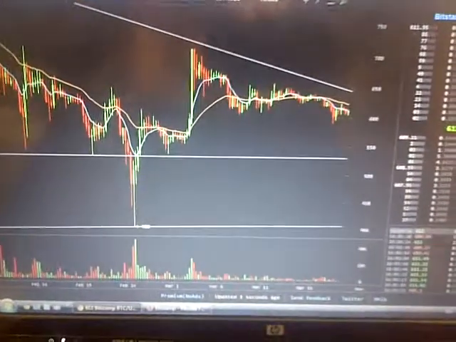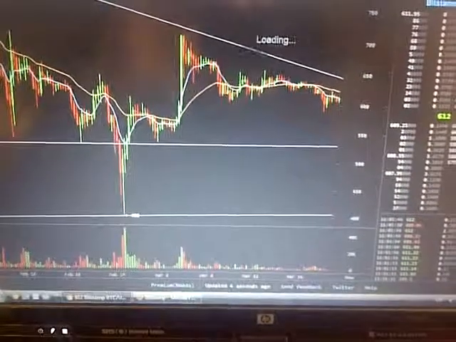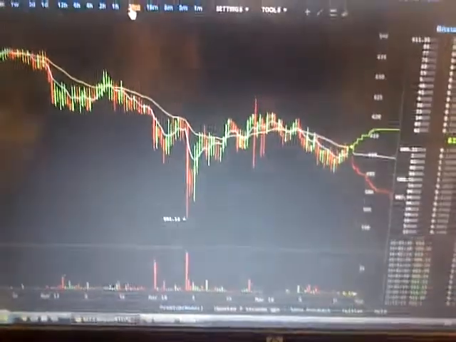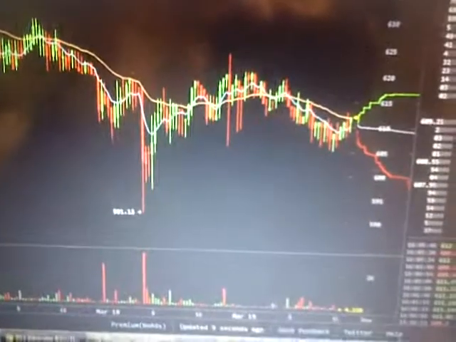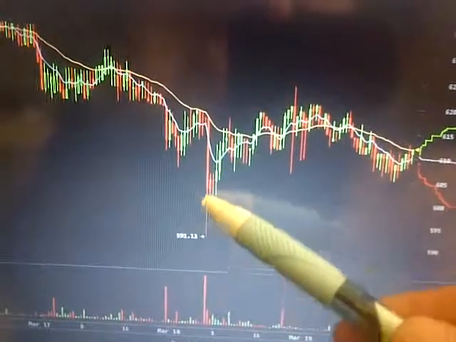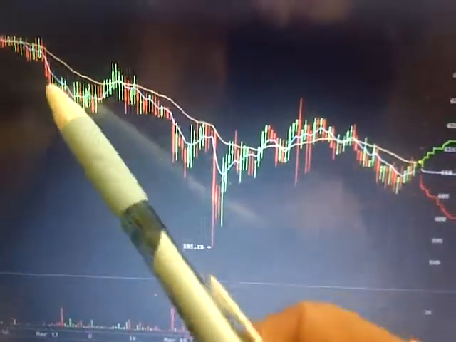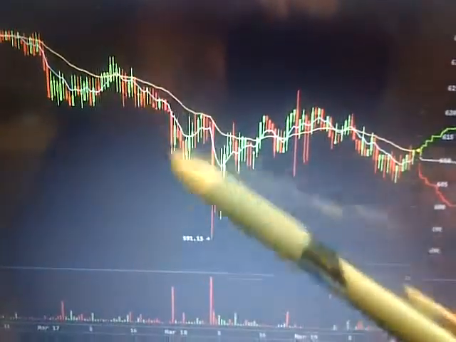Now, even though this is on a 4-hour, if you really want to look at some of the price action, just look at the half-hour, and you're going to see some price movement right there. Just look at this right here, going back up and then going back down. On a downtrend, you just have to learn how to trade on a downtrend.